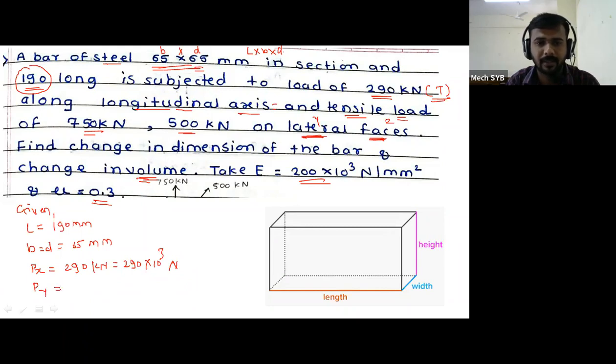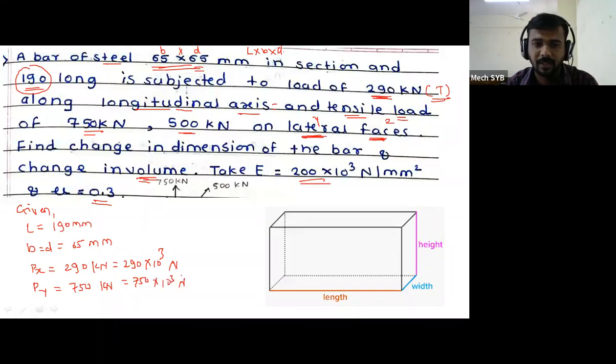Then Py, टू लॅटरल फेसेस, त्याच्यामध्ये दोन फोर्सेस दिले, एक 750 दिले आणि एक 500 घेतले. तर त्याच्यामध्ये आपण सिक्वेन्स फॉलो करायचा, एक्स वाय अँड झेड. एक्स इज सेपरेटली गिवन 290. आफ्टर दॅट व्हॉट एव्हर द 750 इज गिवन, दिस इज द वाय. 750 kilonewton is equal to 750 into 10 raised to 3 Newton.